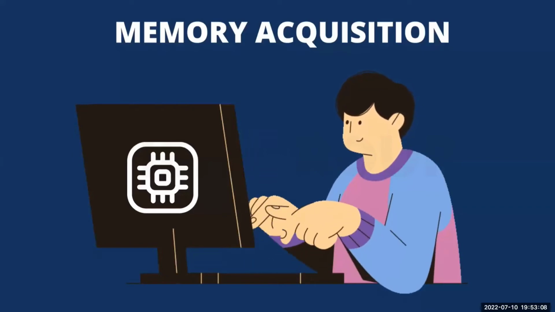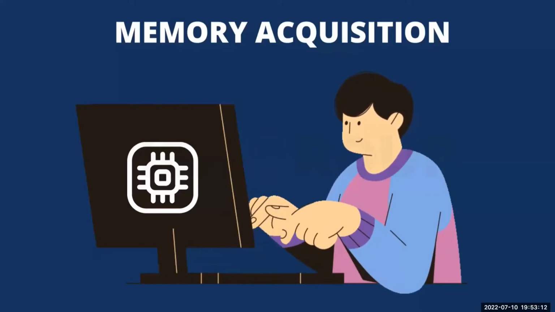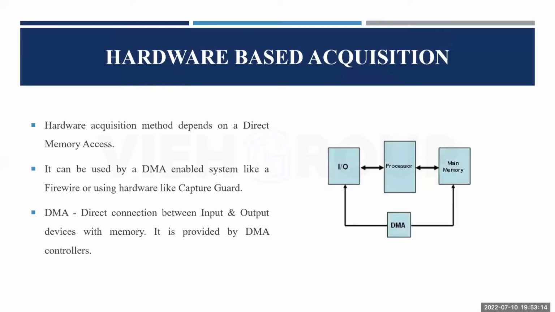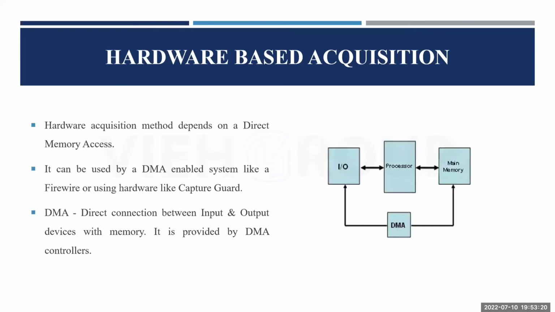And next we'll discuss what is memory acquisition. Memory acquisition is of two types: hardware-based acquisition and software-based acquisition. Hardware-based acquisition depends on direct memory access.